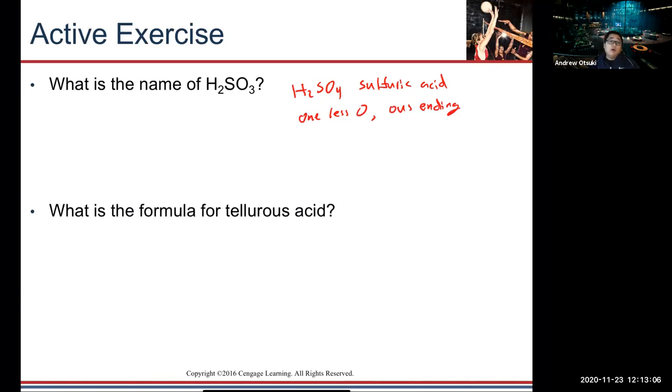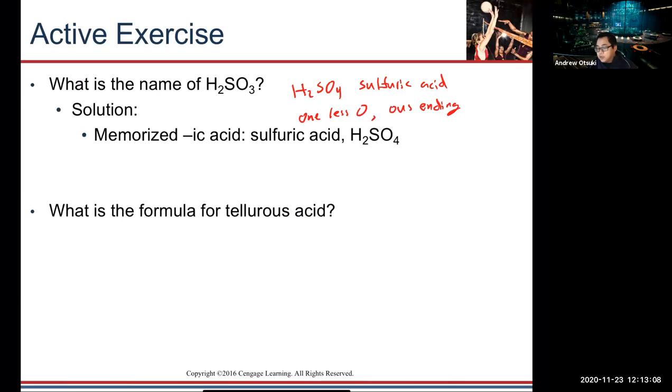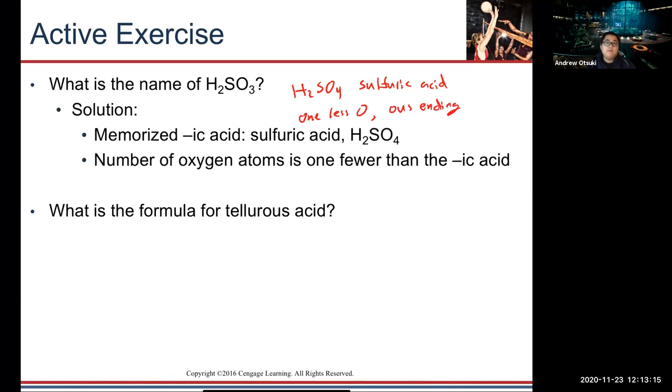So we have ic acid, so memorize sulfuric acid. Those are the acids I want you to memorize. Then we see it has one fewer oxygen than the ic acid, so we call that sulfurous acid.